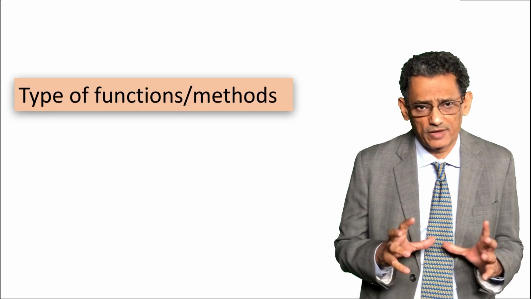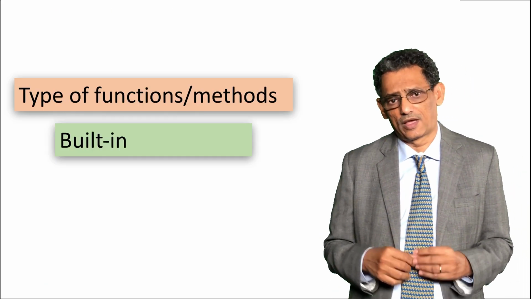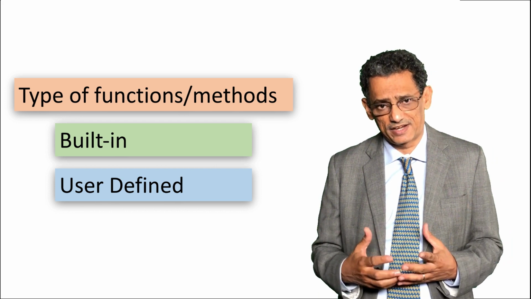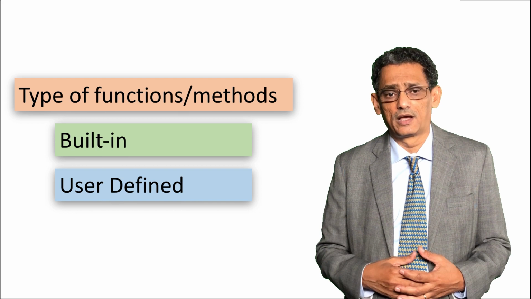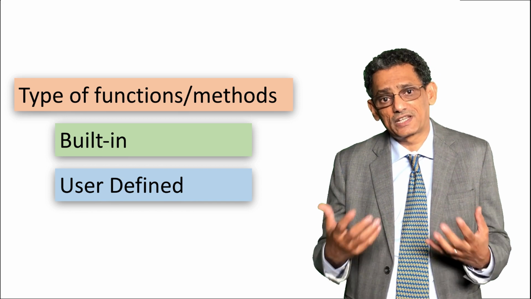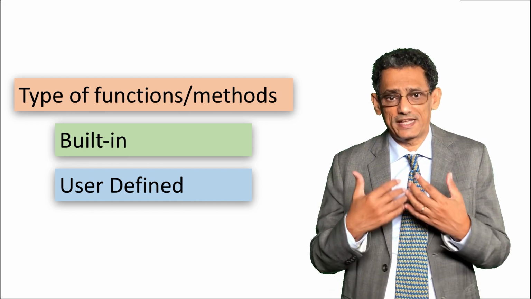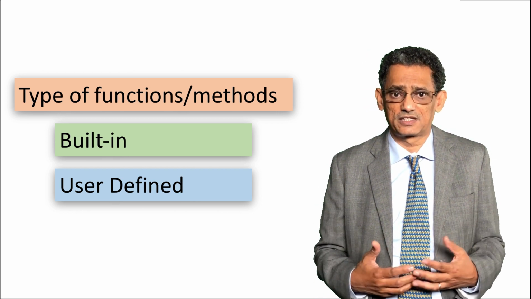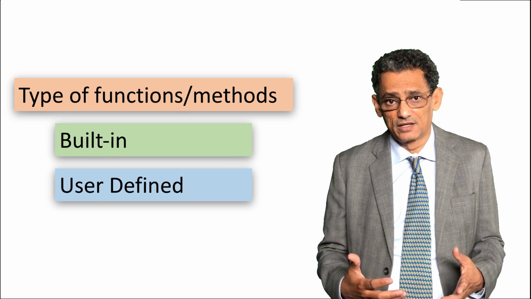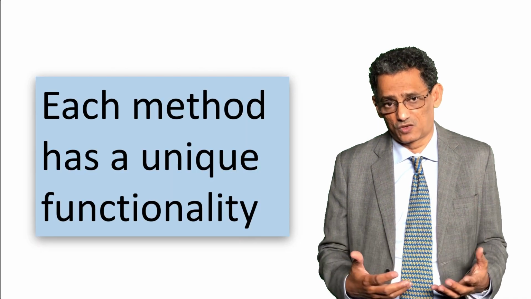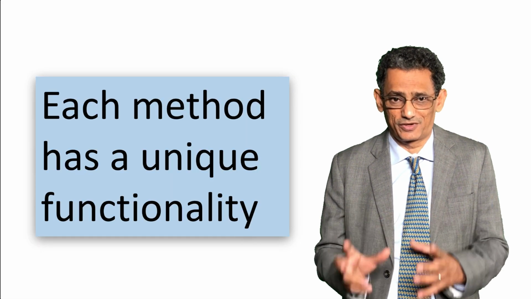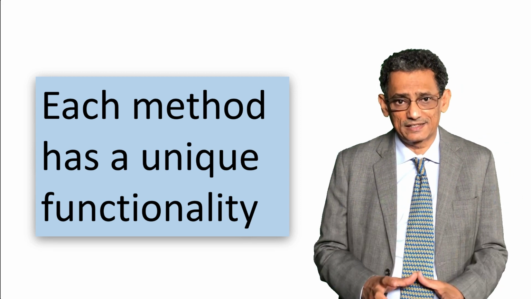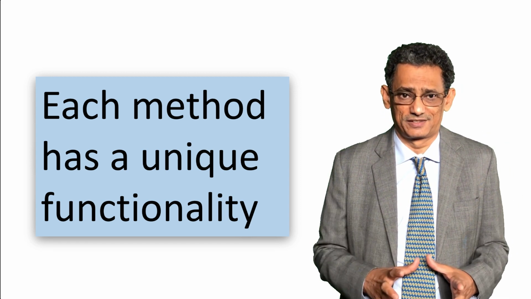Good. So now we have seen functions. You have seen there are 2 types of functions. There are built-in functions, which are already in Java, and there are user-defined functions, which you create based on your needs. And each one of those functions has a unique purpose or functionality. This is why they call it function or method. So it performs a certain function.